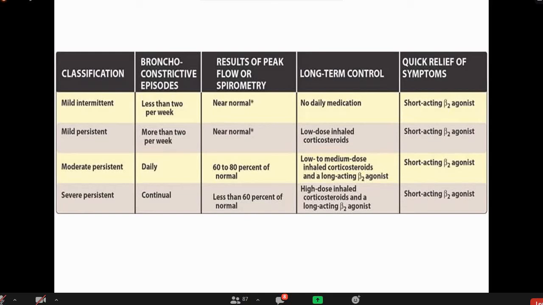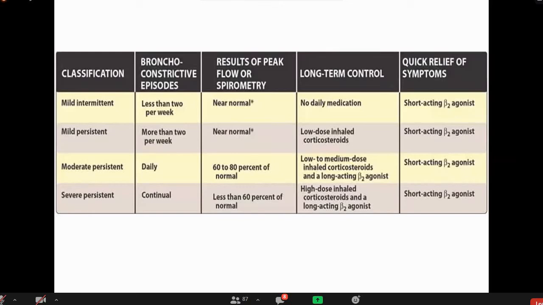This is important. Mild intermittent, what does it mean? The bronchoconstrictive episode is less than 2 per week, and no long-term control medication is required. We can put that patient on quick relief medication, that is, a short-acting beta-2 agonist. We can say, when there is such an episode, you just take a short-acting beta-2 adrenergic agonist inhaler, right?